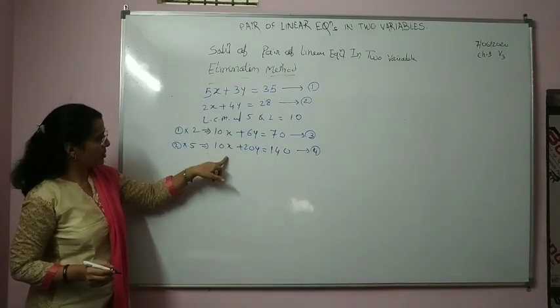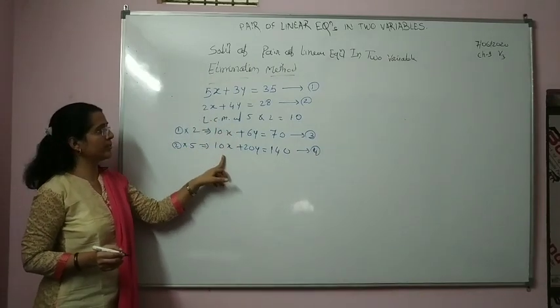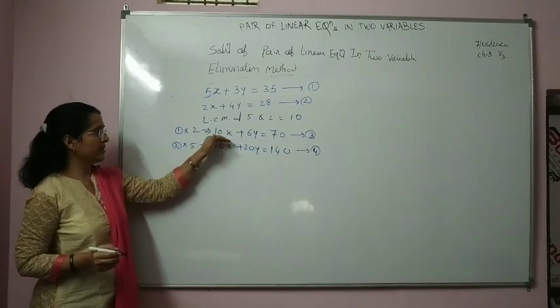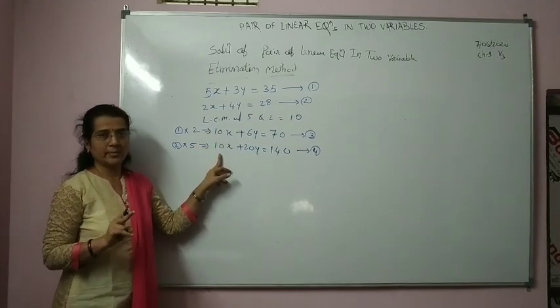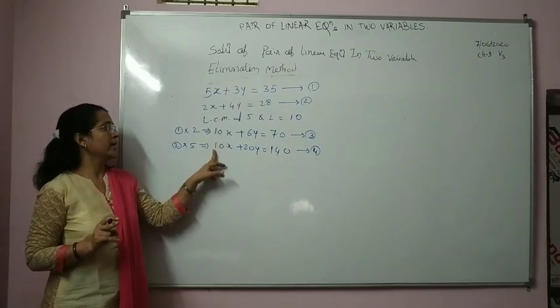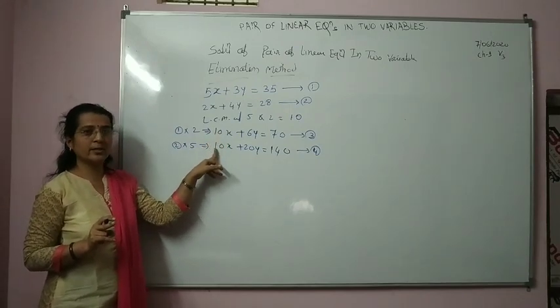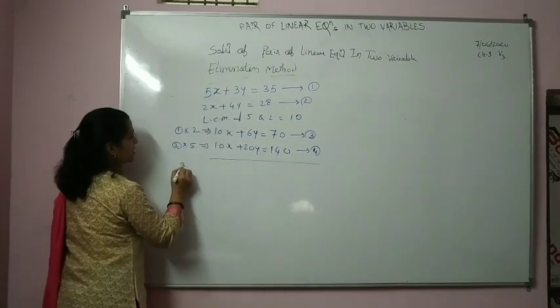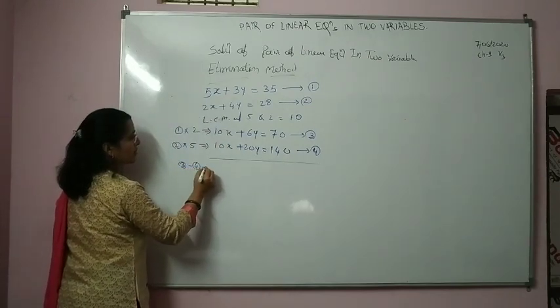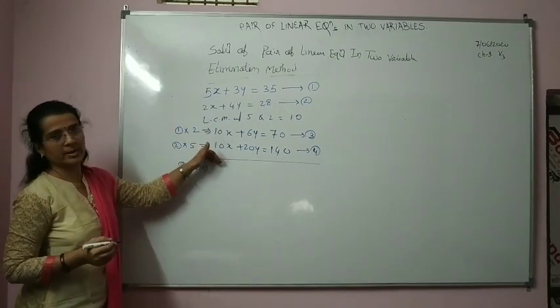So here what you are observing, we have made the coefficient of x equal. After making the coefficient of x equal, just see their sign. Same sign subtract, opposite sign add. If both the coefficients have the same sign, we will subtract the equations. Equation 3 minus equation 4 implies, we will do vertical subtraction.